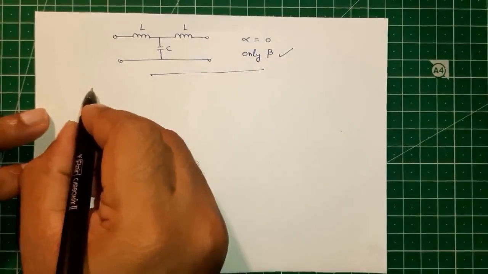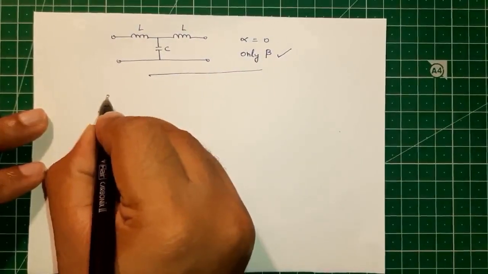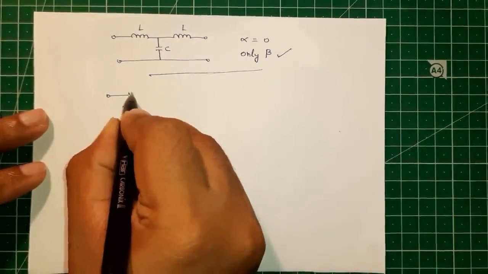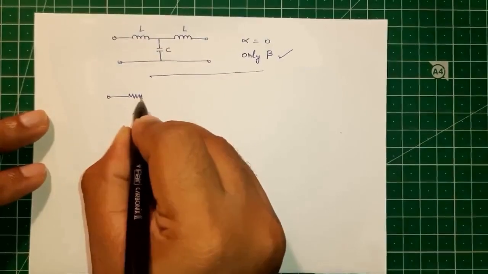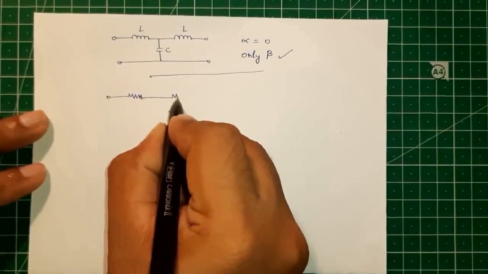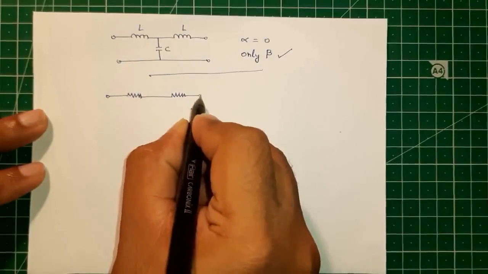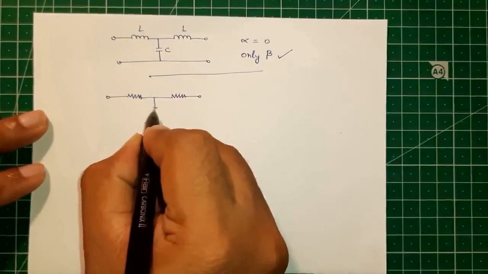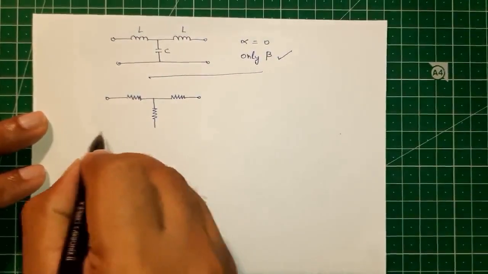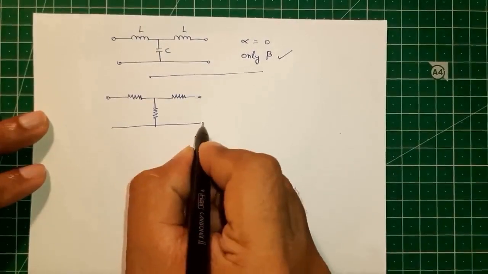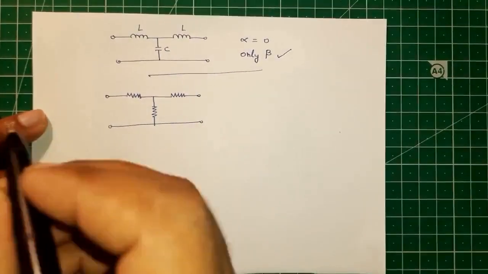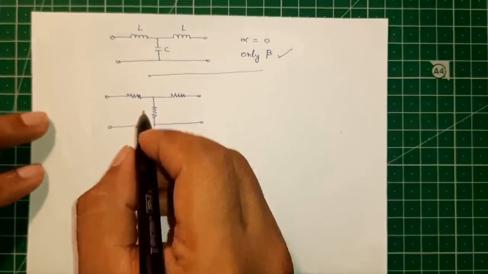So what happens in the case of a network which consists of only resistances or resistive elements? We will examine such a network by considering a T network as shown.